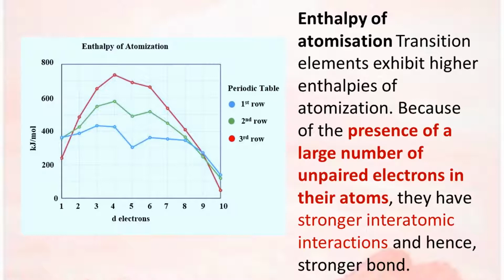The unpaired (n-1)d electrons participate in interatomic interaction, thereby increasing the enthalpy of atomization and the melting point. That is because the metallic bond becomes stronger due to these interactions. Both enthalpy of atomization and melting point are affected by the strength of the metallic bond.